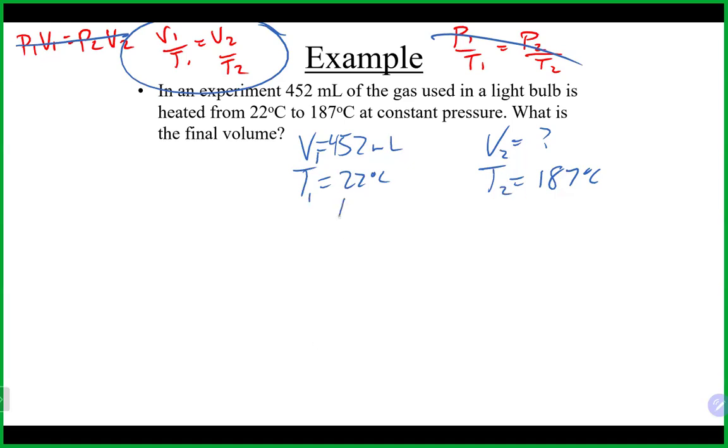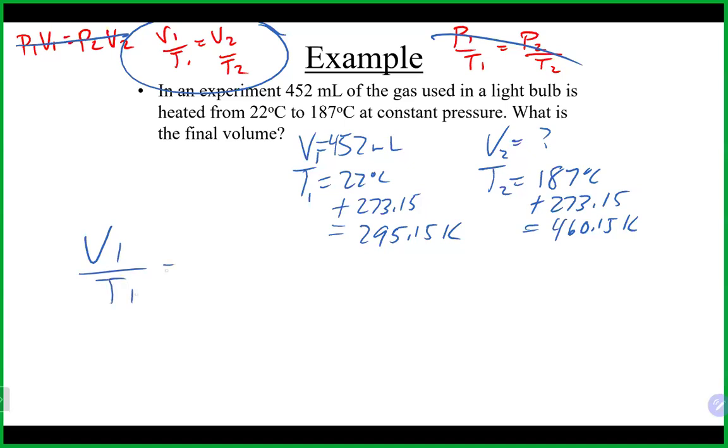Once again, our temperature always has to get converted. So we'll convert each of these by adding 273.15. That's going to give us 460.15 Kelvin and 295.15 Kelvin here. Taking our V1 over T1 equals V2 over T2, we're solving for V2. So once again, we move the other term to the opposite location, which means it's going to go to the top. We're basically multiplying both sides by it.